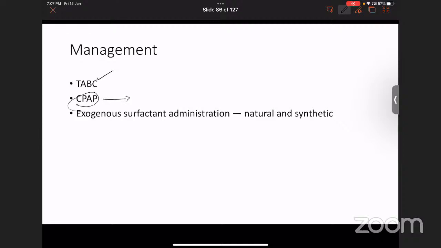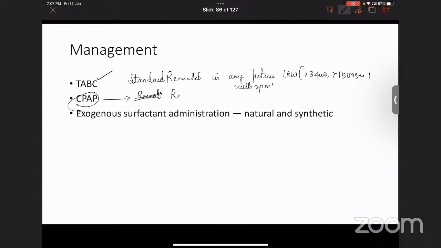CPAP is the recent standard recommendation in any preterm low birth weight babies of less than 34 weeks, less than 1,500 grams, with spontaneous breathing effort but who have respiratory distress.